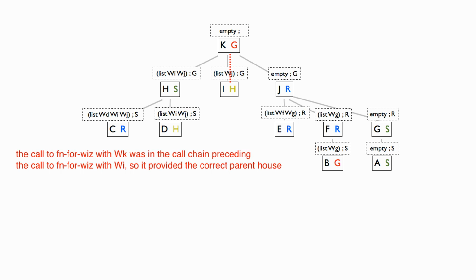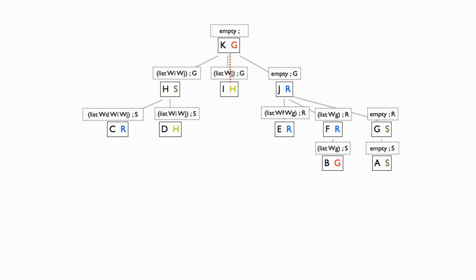The call to Fun for Whiz with K provided as the value of parent house G, and that led through one call to Fun for LOW to the call on Fun for Whiz with I. But now, in a tail recursive traversal, the calling structure is quite different.